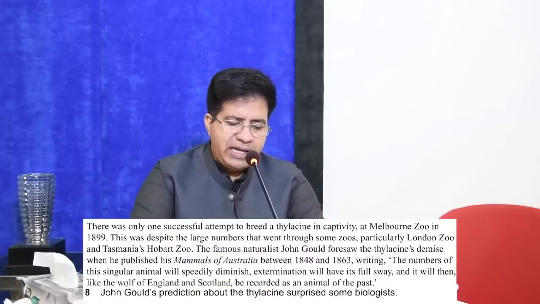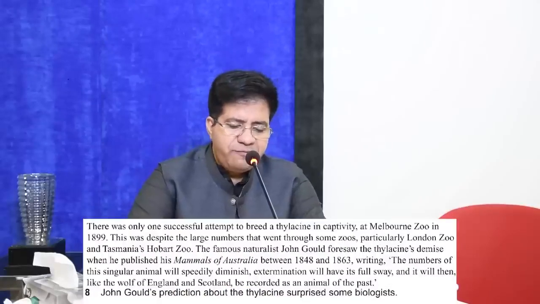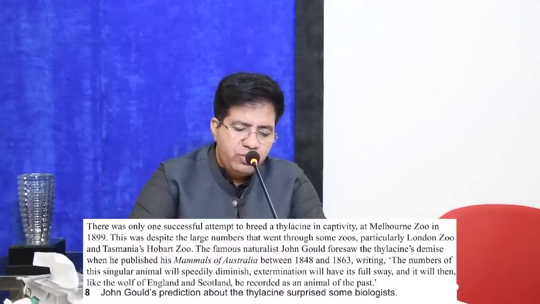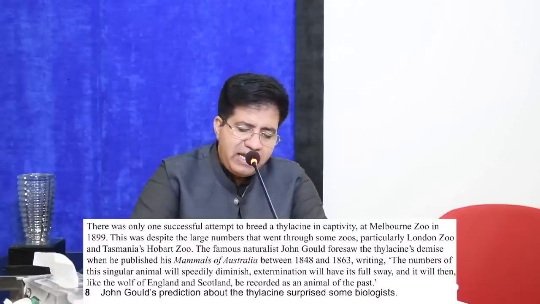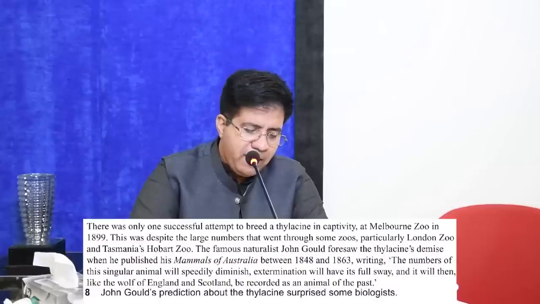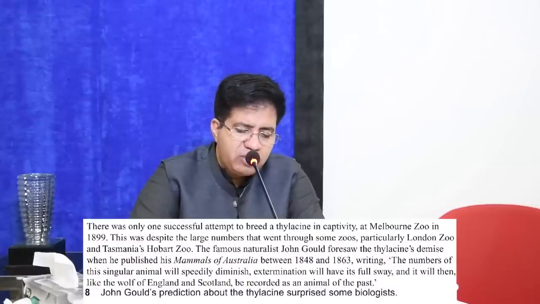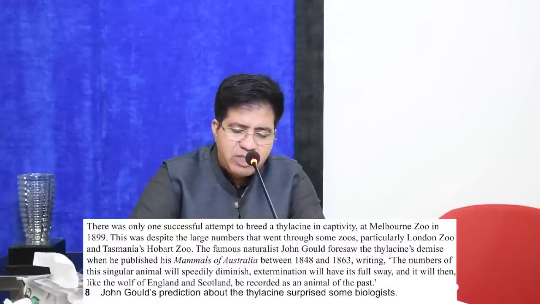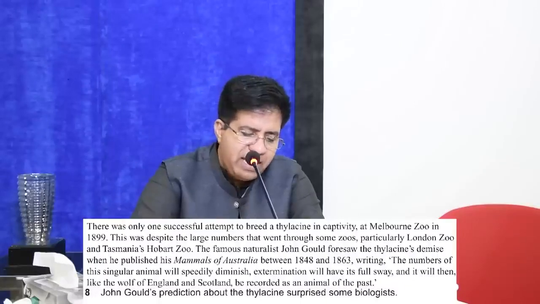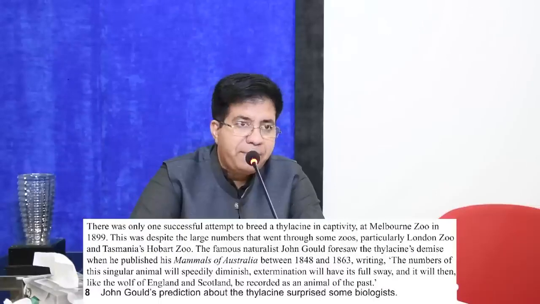Exactly. Third line of third last paragraph. The famous naturalist John Gould foresaw, means predicted, the thylacine's demise, when he published his Mammals of Australia between 1848 and 1863, writing, the numbers of this singular animal will speedily diminish, extermination will have its full sway, and it will then, like the wolf of England and Scotland, be recorded as an animal of the past.